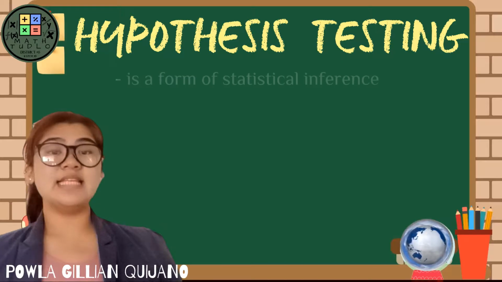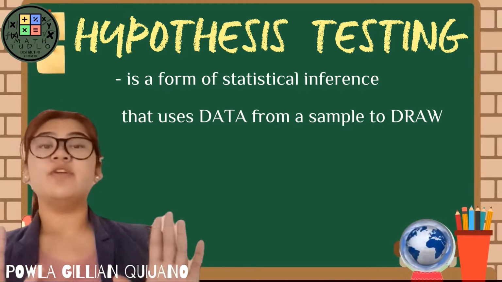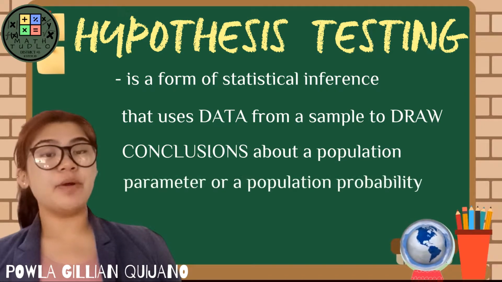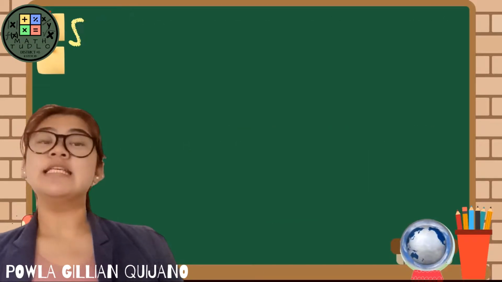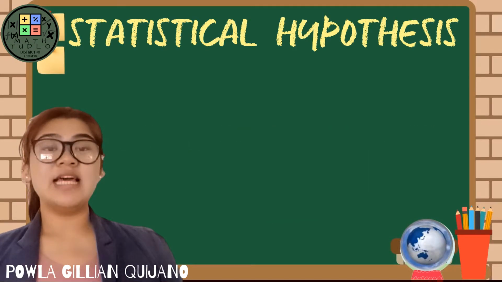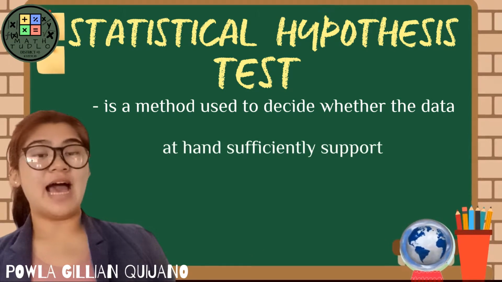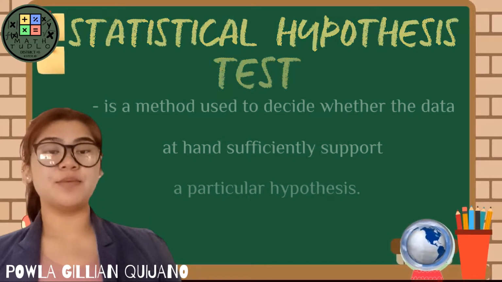Hypothesis testing is a form of statistical inference that uses data from a sample to draw conclusions about a population parameter or a population probability distribution. A statistical hypothesis test is a method used to decide whether the data at hand sufficiently support a particular hypothesis.